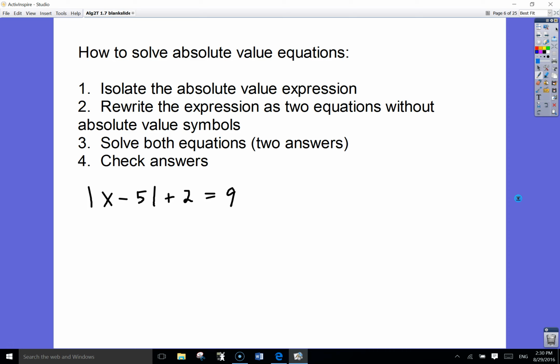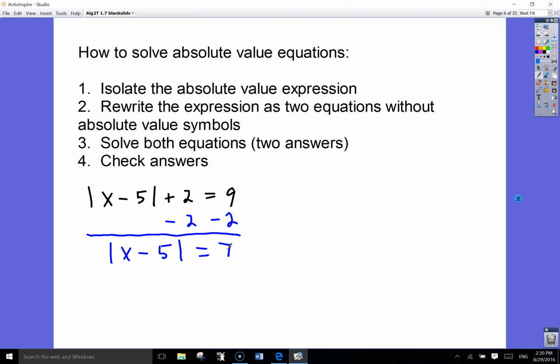Like here, I would subtract 2 from both sides so that it says the absolute value of x minus 5 equals 7. So you don't move on to steps 2, 3, and 4 until you've isolated the absolute value.